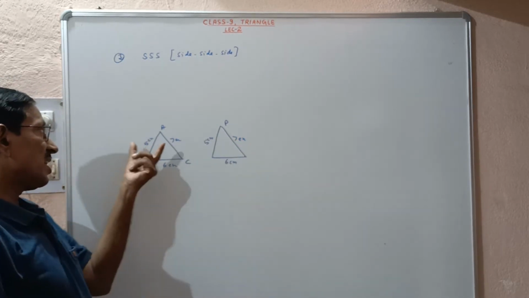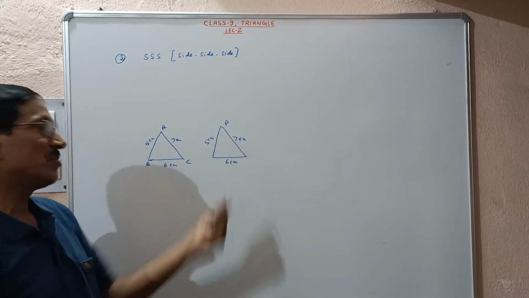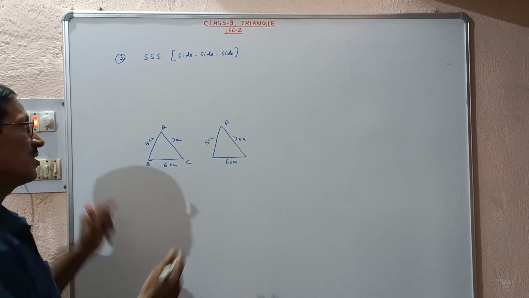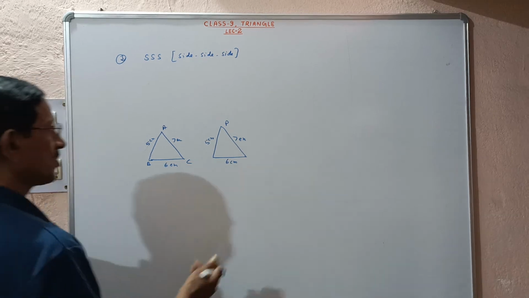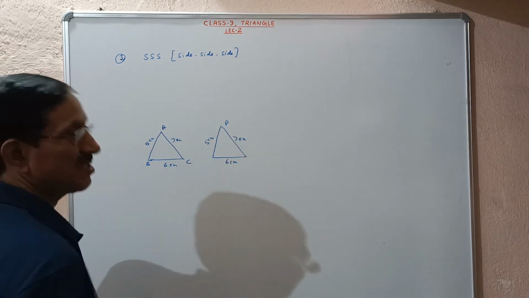That means three sides of the first triangle are equal to three sides of the other triangle, then these two triangles are congruent, because if we place this triangle on this, then they will cover exactly.